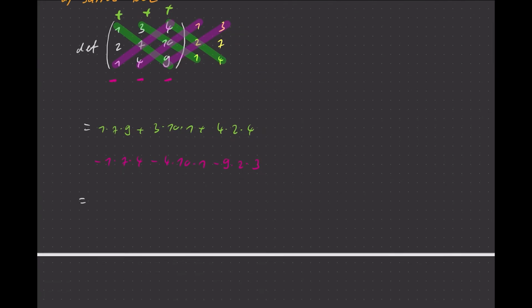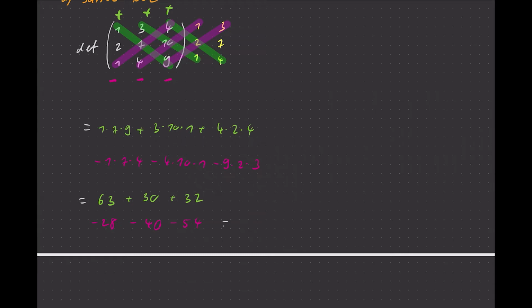So what is the result here? 7 times 9, that is 63, plus 3 times 10 times 1 is 30, plus 4 times 2 is 8 times 4 is 32. And for the negative parts, 7 times 4 is 28, so minus 28, 4 times 10 is 40, and 9 times 2 times 3, it's 9 times 6, that is minus 54.